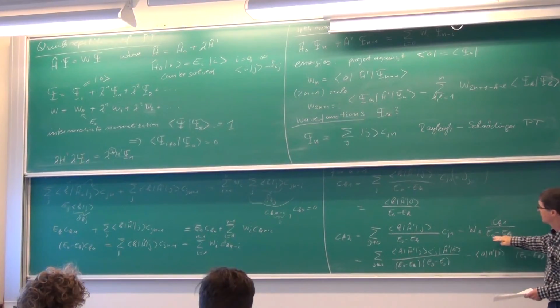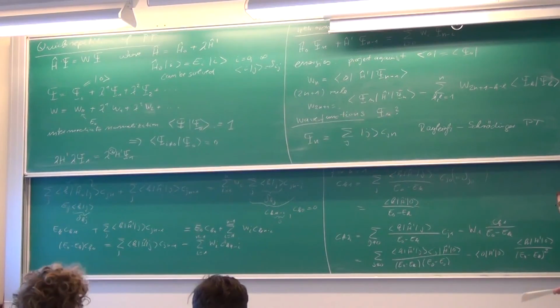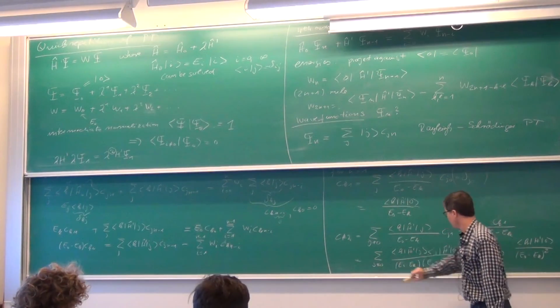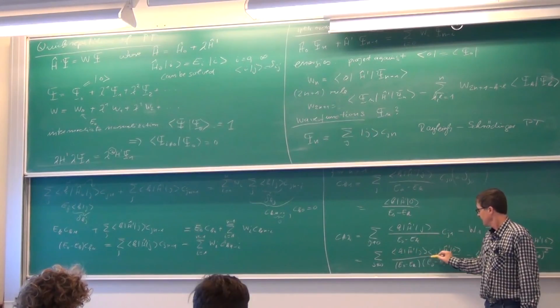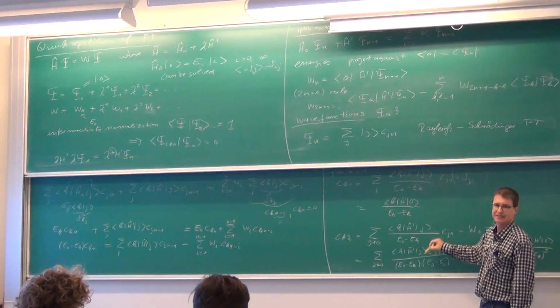I have it once here and once there, so I get it squared. So that's a bit more complicated expression. So you really have a sum over all, in a way, intermediate states, over all the other states.